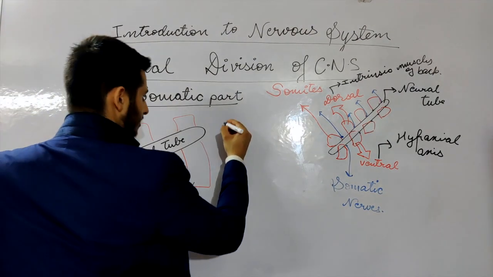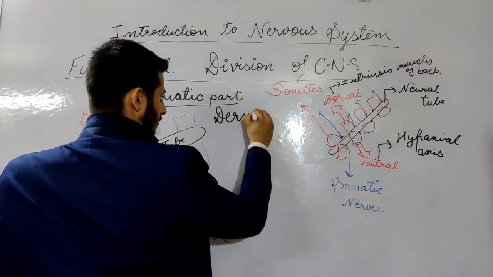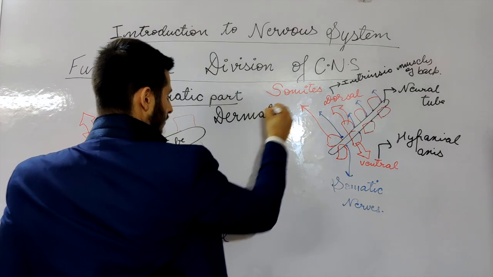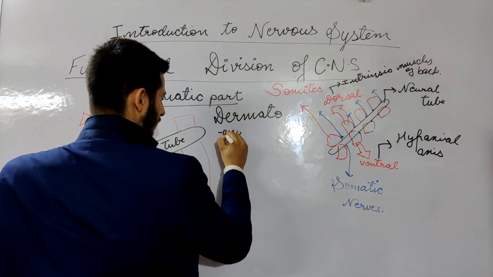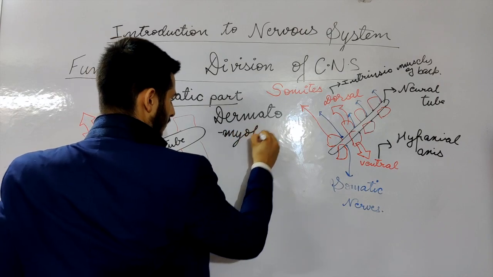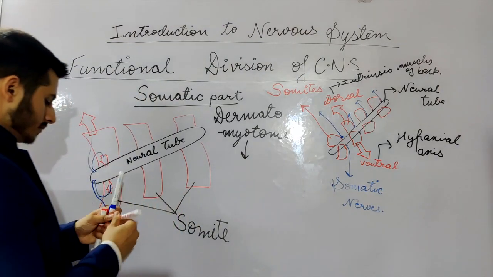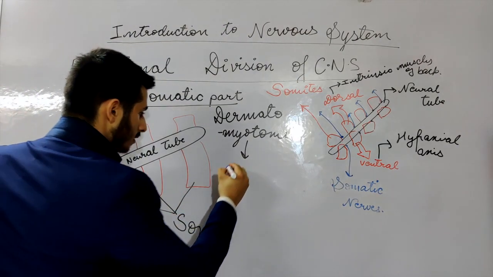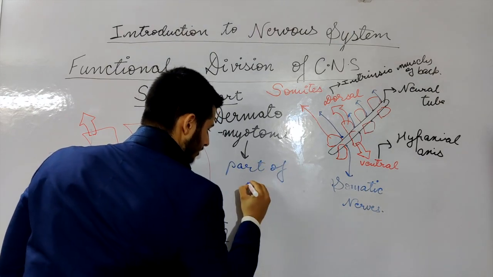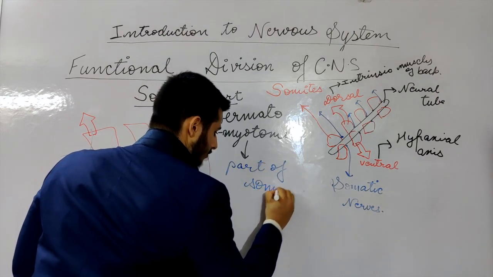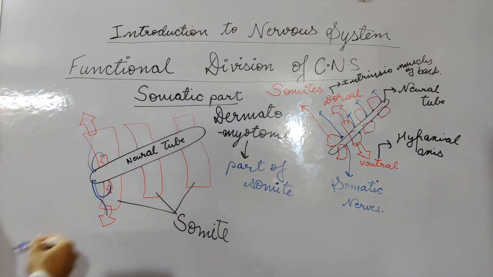Now, when I say the word dermatomyotome, this dermatomyotome is a part of a somite. A part of a somite is known as the dermatomyotome.